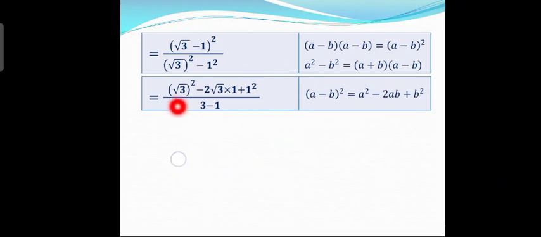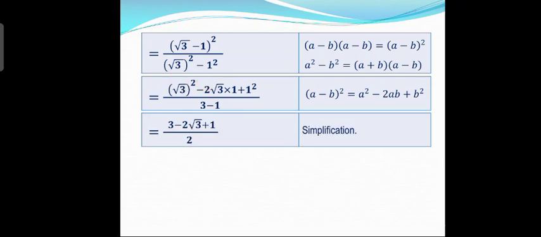In the numerator, you have to expand the square. A minus b whole square is a square minus 2 times ab plus b square, that is square root of 3 square minus 2 times square root of 3 into 1 plus 1 square, and in the denominator it becomes 3 minus 1.